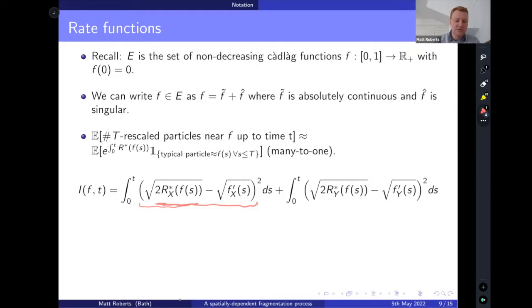So we've got particles jumping at instantaneous rate 2 r star x, and we want them to be jumping at rate f prime x in the x direction. And they're doing exponentially distributed jumps, so you feed that into the standard large deviations formula, and this is what it spits out, this bracket squared, as the cost of doing that. And we want to do that at every s between 0 and t, so we just integrate between 0 and t and hope that that gives us the right cost.